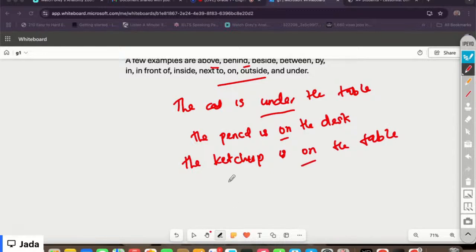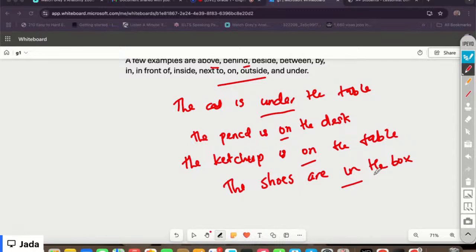So we can also have the shoes are in the box. So in. All right. So all these are prepositions. So we have different prepositions, and you need to take note of your prepositions whenever you make a sentence. So if you need a preposition, make sure that you put a preposition there.